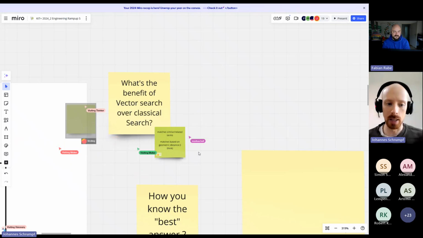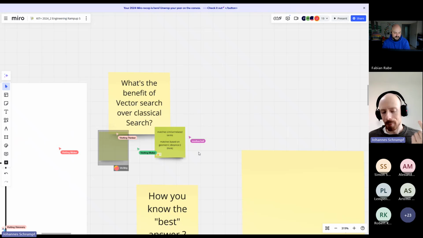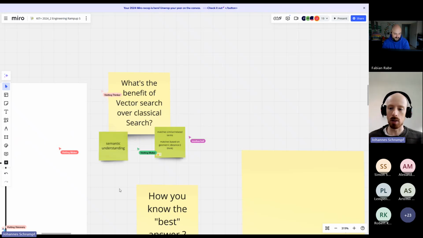bank in different contexts. And how this looks in a vector representation is that the word bank gets represented very differently, with different numbers or different vectors, based on the surrounding context.